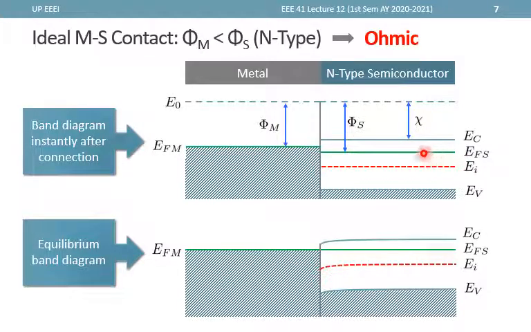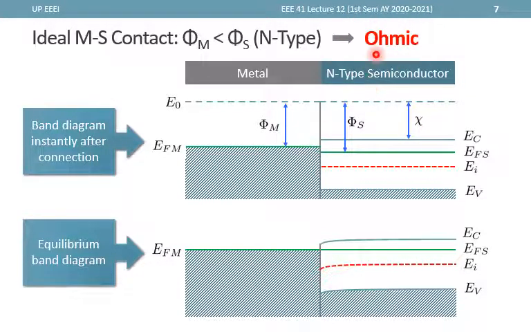And since the semiconductor has a lower energy level instantly after connection, then to flatten the Fermi level, this EBD right here should be bending upwards. So that's why we get this upward bend right here. Okay, so this is our ohmic or non-rectifying MS contact.